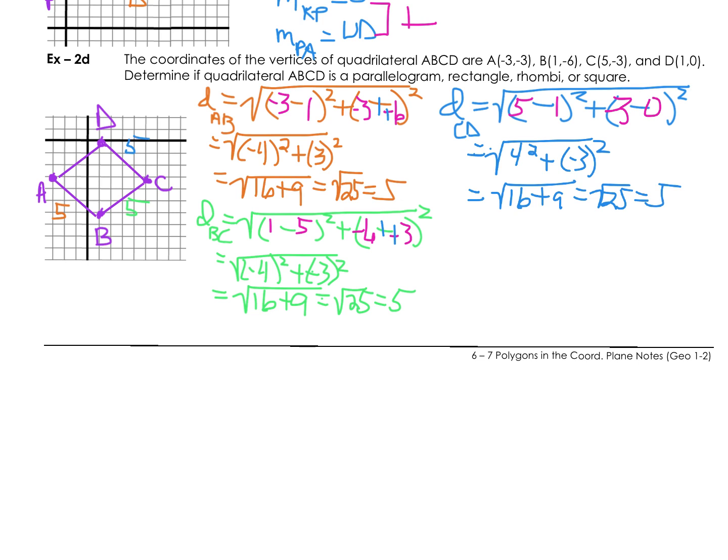And then finally, we are going to find the distance from D to A, or A to D. I guess my fingers have a different choice there. All right, so my x values for A and D are -3 and 1, and my y values for A and D are -3 and 0.